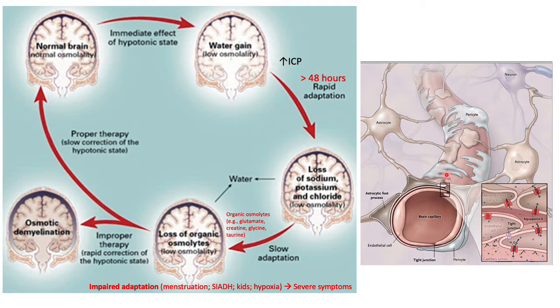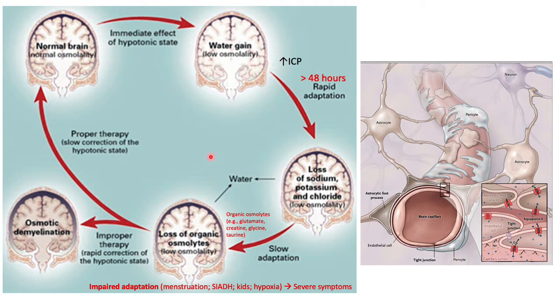It doesn't allow sodium to move, but water can still move across the blood-brain barrier. That's really important, because with hyponatremia in this brain vessel, there's less salt and more water. Water will move from inside to the outside, and that will lead to the development of cerebral edema, like we explained in the previous slide.